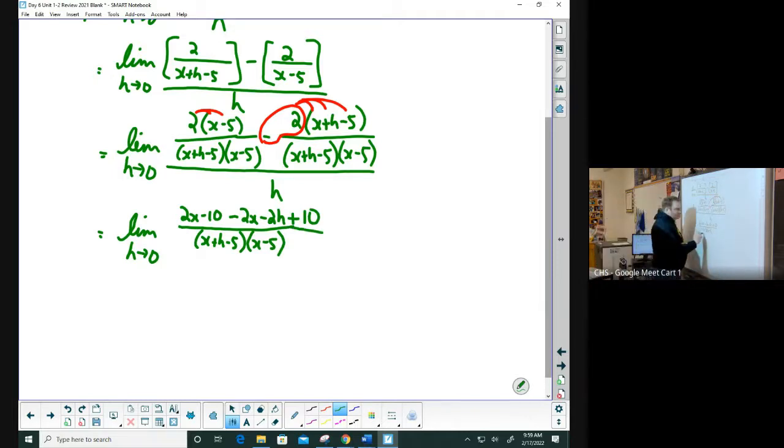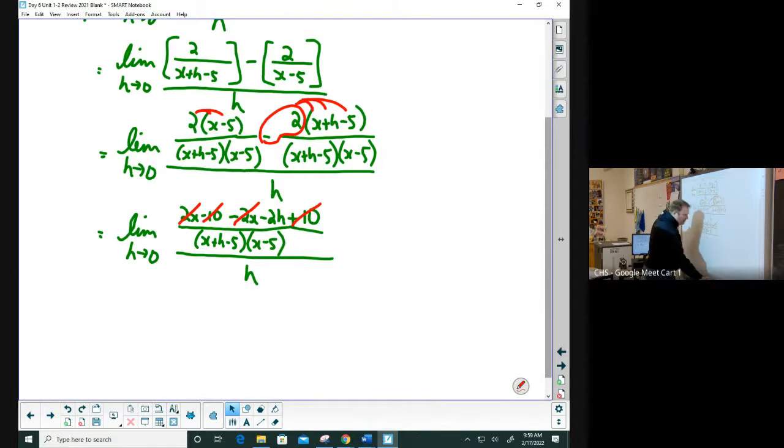all over h. Again, if you forget that or do it in a couple of steps, that's fine. But if you forget, a big red flag will pop up. Because if I forgot to bring that negative in, this would have been a minus, and then I'd have a minus 10 and a minus 10, which does not cancel. So that would have been a little red flag that something I did was wrong. But I did it right, so my minus 10 plus 10 is going to cancel, as will my 2x and my minus 2x.